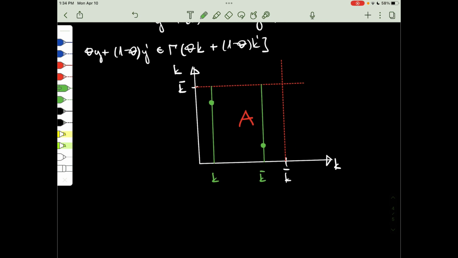As this is a square, it obviously holds. So we don't need to do anything else about it. This is a rectangle, and a rectangle is a convex shape, so it obviously holds that gamma, the correspondence, is convex.